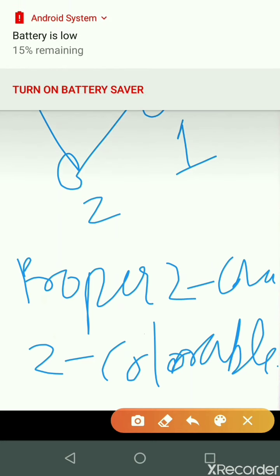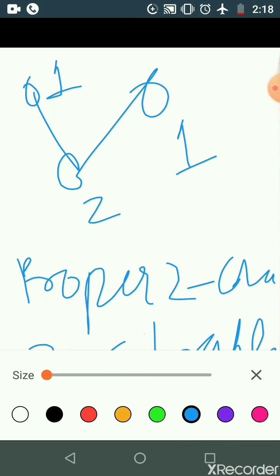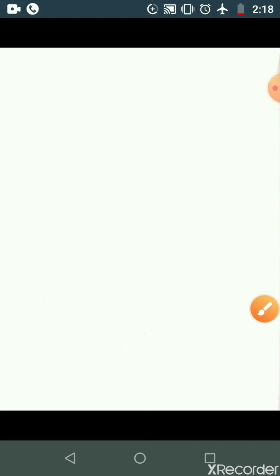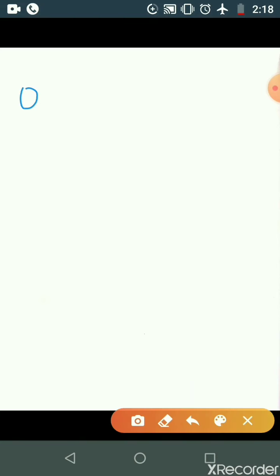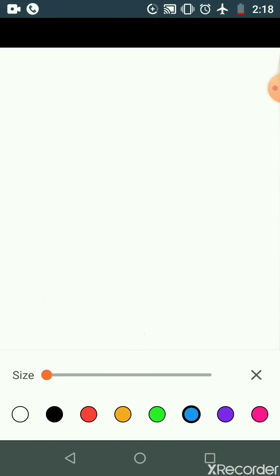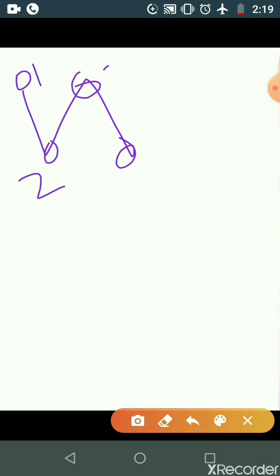Yeah, if you take this as P4, for example, you can just take P4 as this one, this one, this one, and this one. P4, correct? So here you can use first, second, third, fourth.